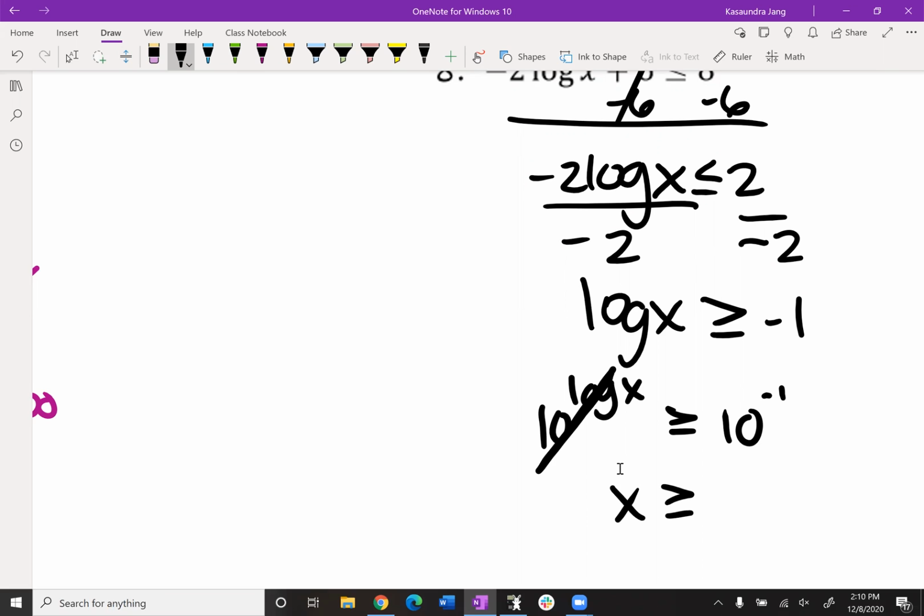What about that negative exponent? Let's see here. Jorge, what does the 10 to the -1 end up as?